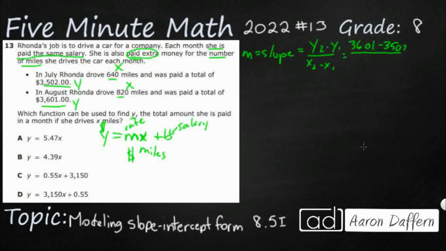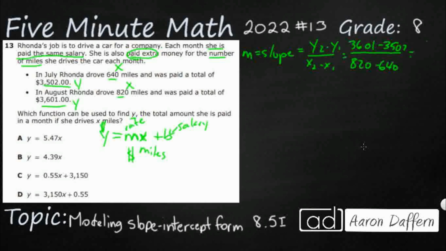And let me see. My x's are going to be 820 minus 640. All right, and so that's going to give me 3601 minus 3502, that's 99.